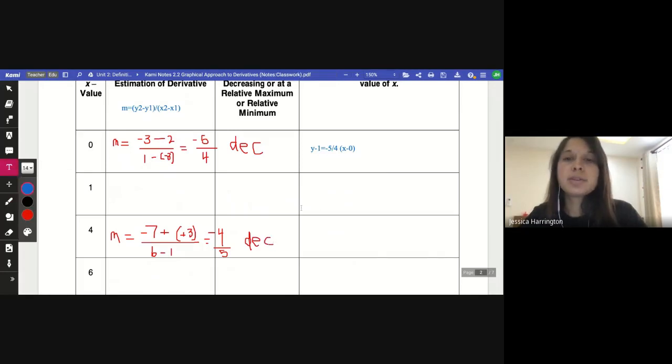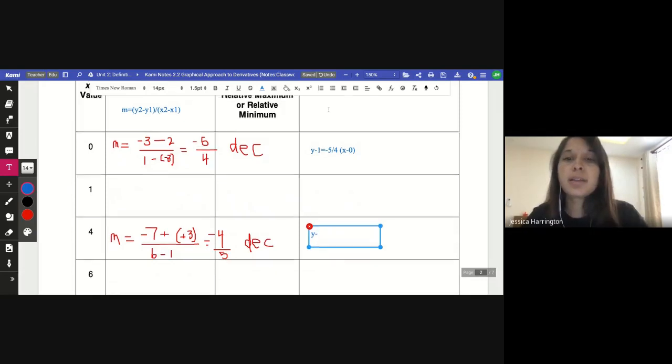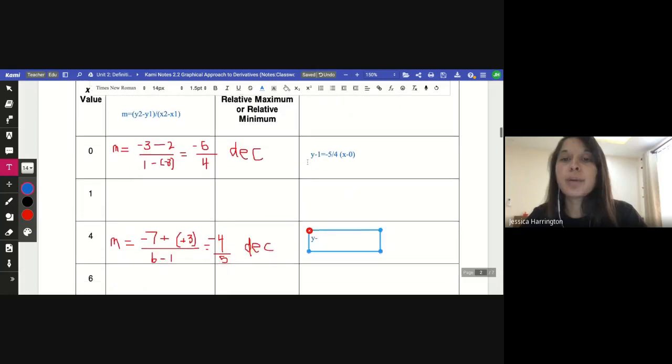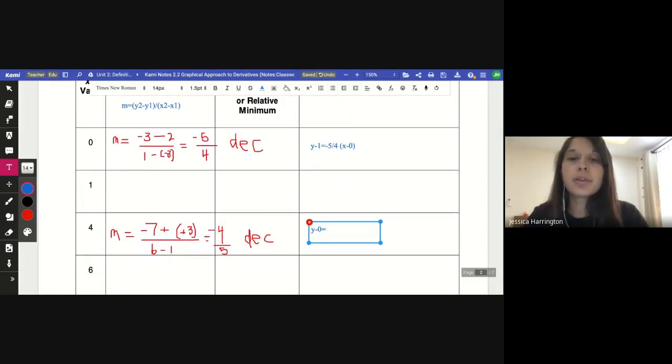And now I'm going to make my equation of the tangent line here. Y minus, well, what was the y value? 0, x is 4. So y minus 0 equals the slope, -4/5, x minus 4, right? And because I don't need to take away 0, I could take this off. So I'm just going to leave it there for now.